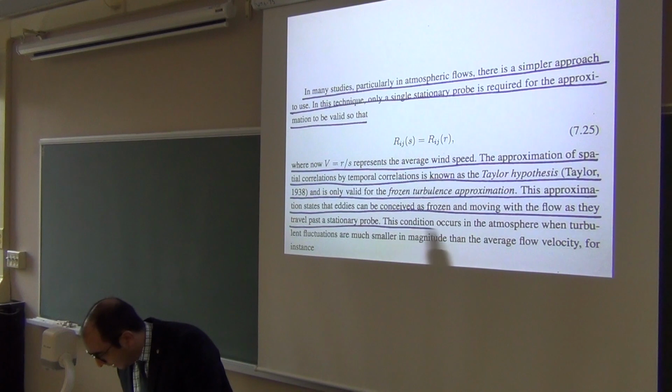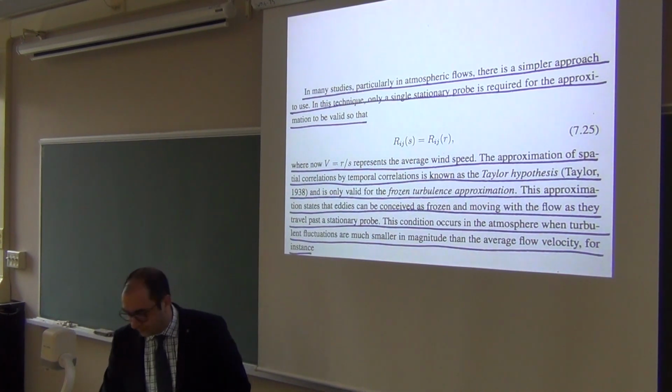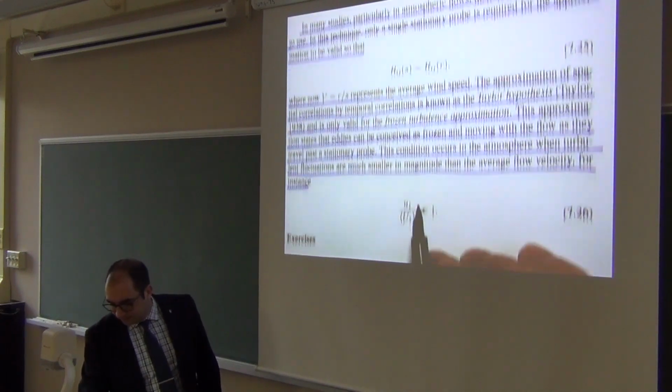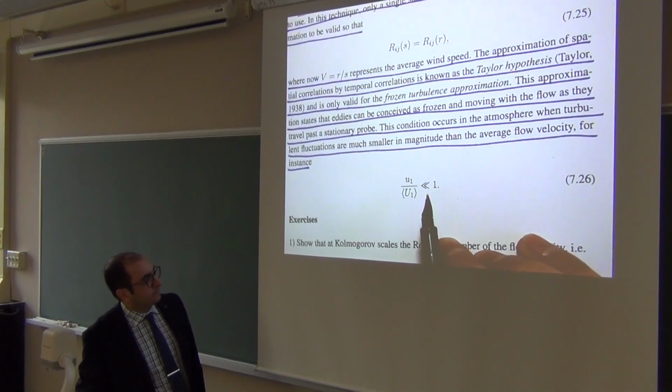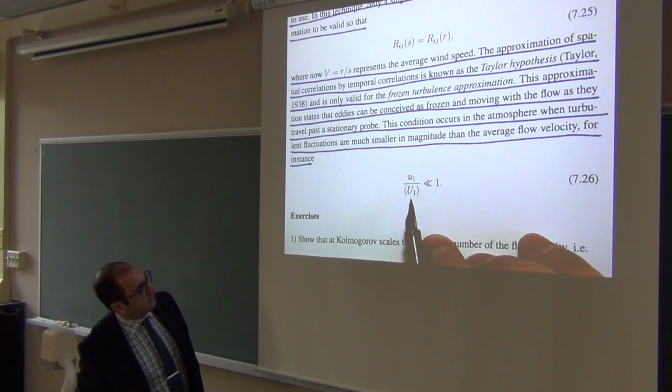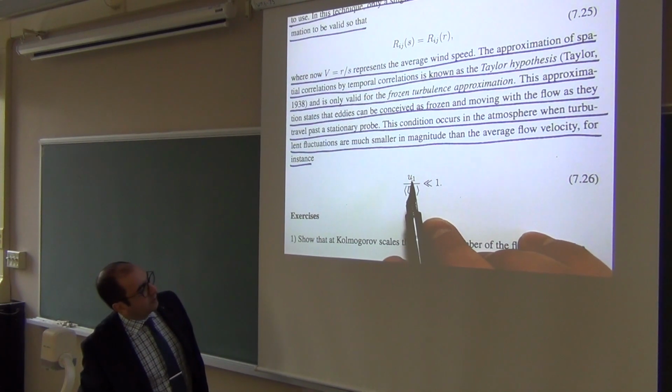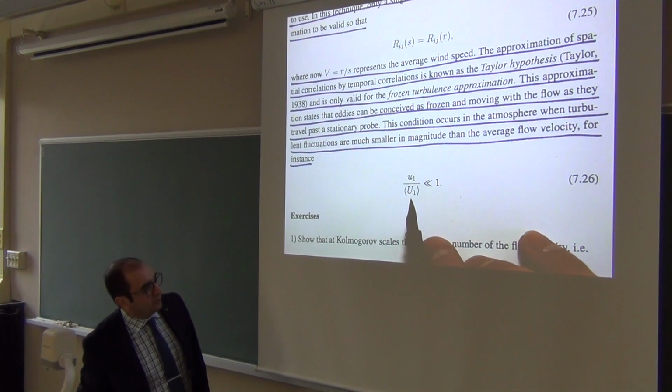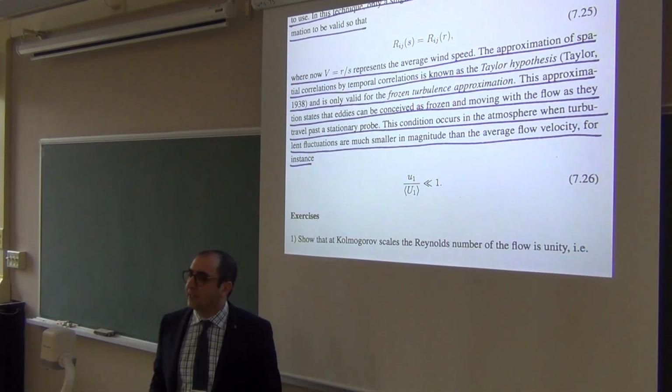And the condition is the fluctuations must be conveniently and conservatively less than the mean flow. Let's say in the atmosphere, fluctuations of wind divided by mean wind is 0.5 or less.